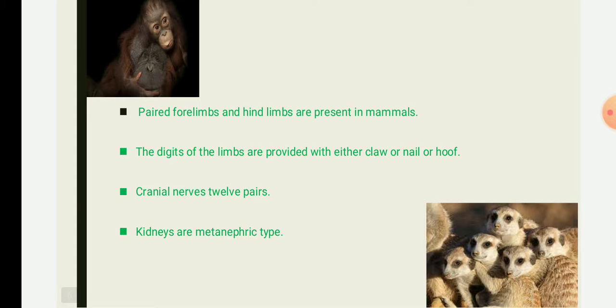Then they have limbs, two pairs: hind limbs and forelimbs. Each limb has 5 or fewer digits.